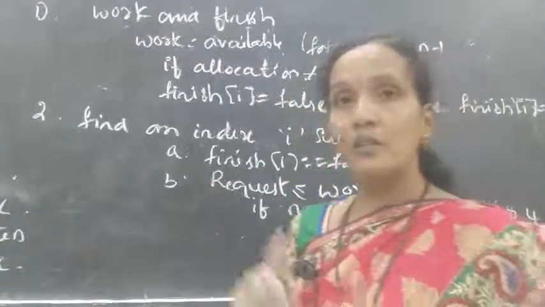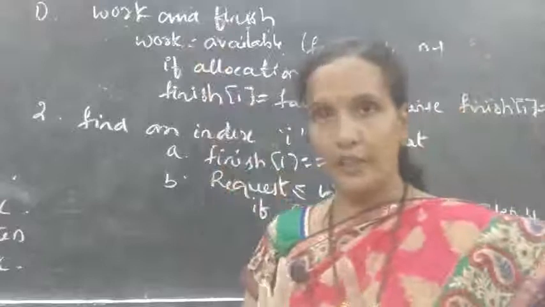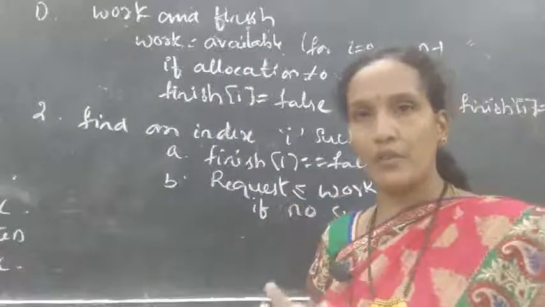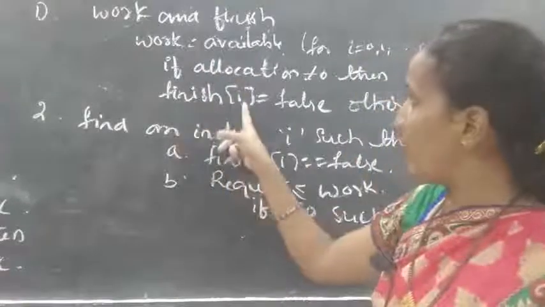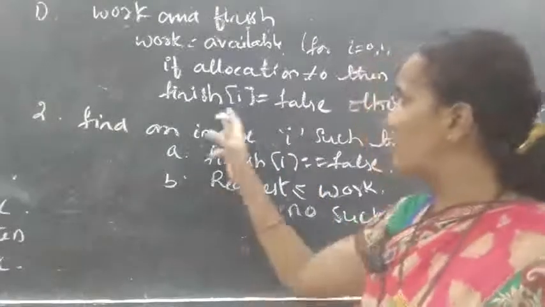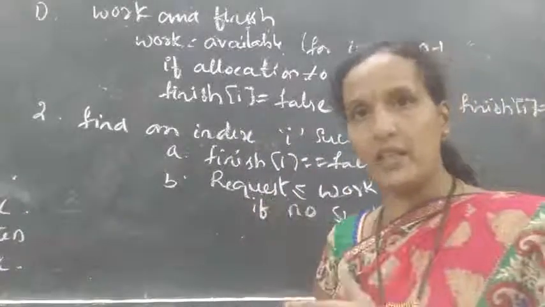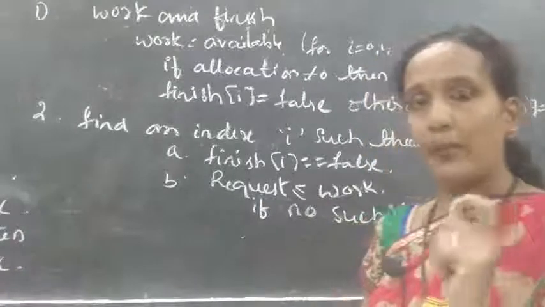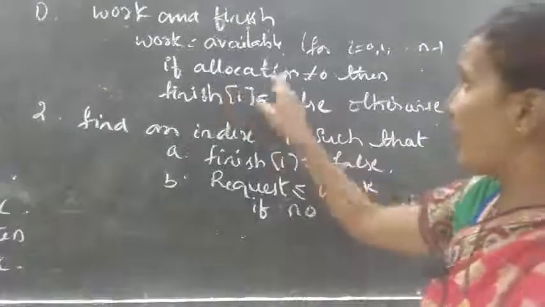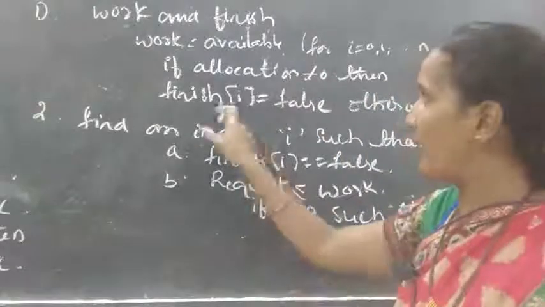Here you can see the algorithm. We are taking two variables, Work and Finish. Work equals Available, meaning the number of resources available. And Finish[i] equals false. Basically, if the process has not completed its execution, Finish is false. Otherwise, Finish equals true, meaning the process completed its execution. If the process has not completed its execution, then Finish equals false.